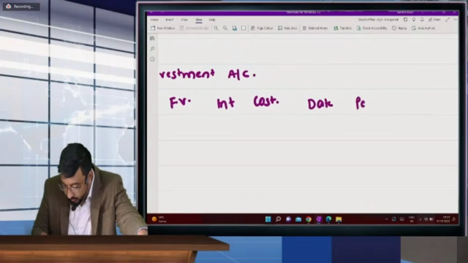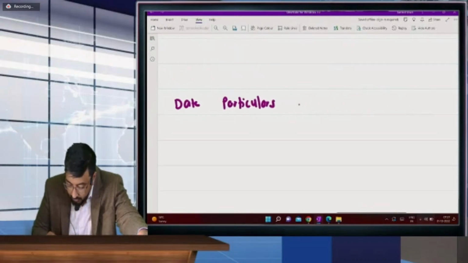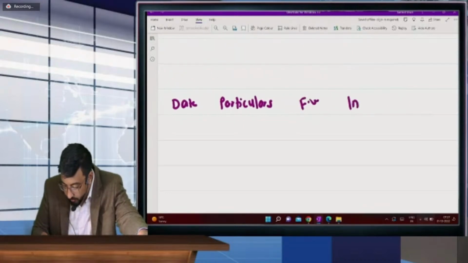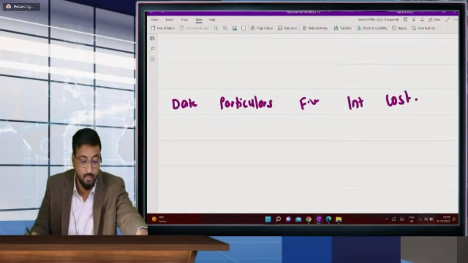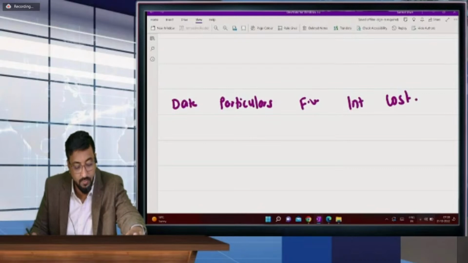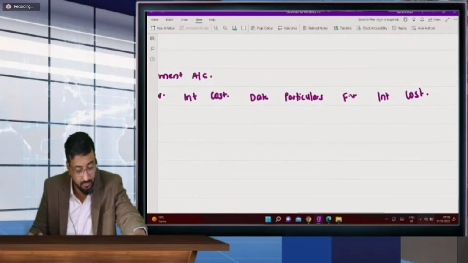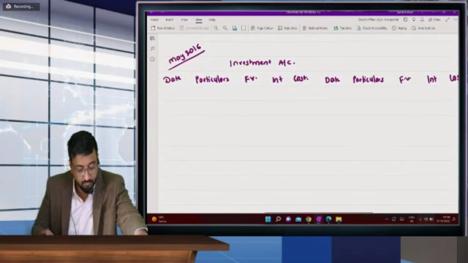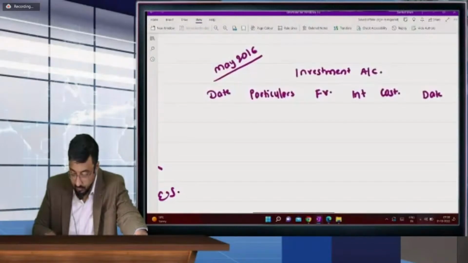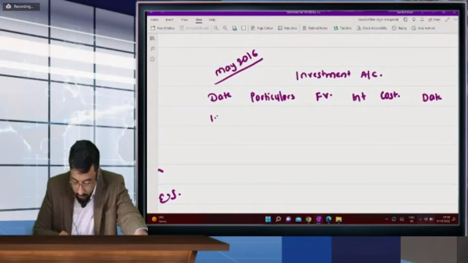Date, particulars, face value, interest, cost. Date, particulars, face value, interest, cost. Let's go. Date is 1st April.